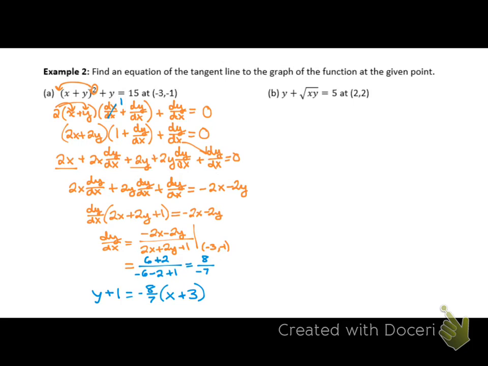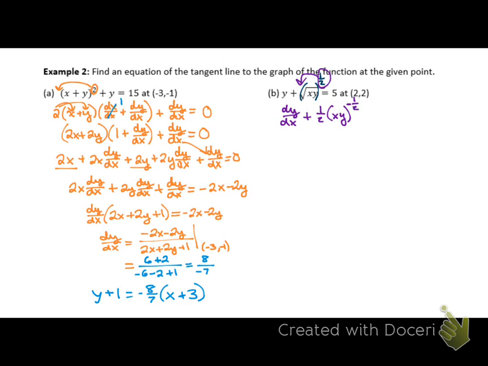All right, part B. I'm going to go ahead and change this to that 1/2 like I did in the other problem before I take the derivative, because that's going to take a minute. So let's use purple. All right, the derivative of y is dy/dx. Now I use chain rule, so we have 1/2. Inside stays the same.